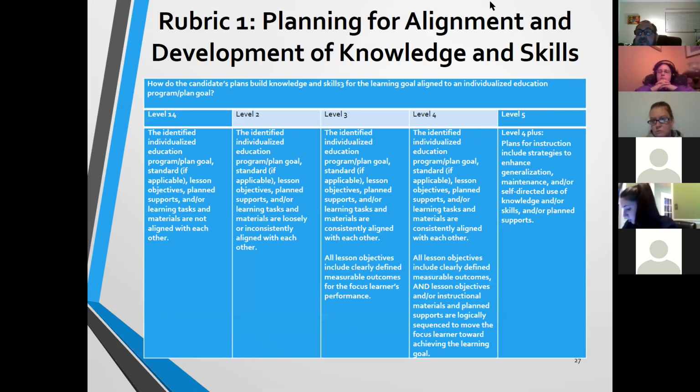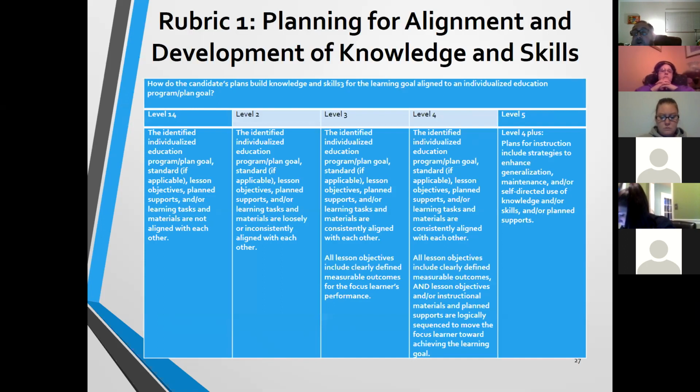Okay, so let's get right down to it. So this is rubric 1, planning for alignment and development of knowledge and skills. So the prompt would be, how do the candidates' plans build knowledge and skills for the learning goal aligned to an individualized education program plan goal? Let's take this apart a little bit.